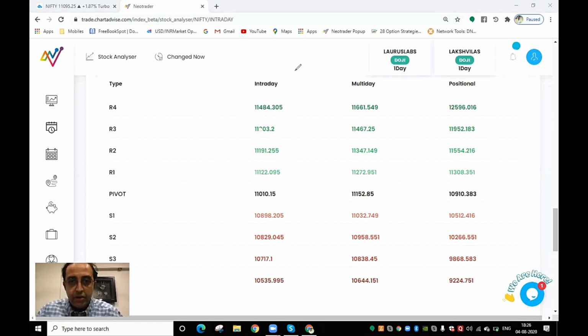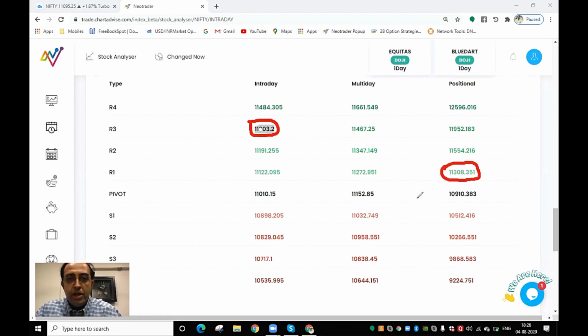Your R3 at your intraday as well as your positional R1. So these are the two top levels which you can mark out. All right, so this is one level which we are marking out now, and this is the other zone on the upside.